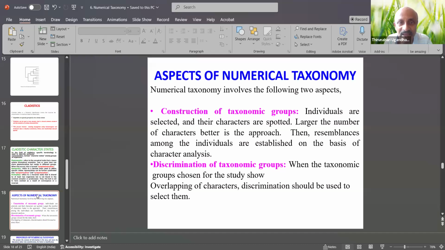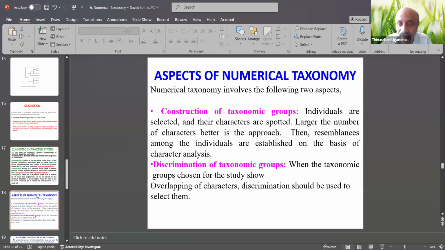Then aspects of numerical taxonomy. Numerical taxonomy involves the following two aspects. First one, construction of taxonomic groups. Second, discrimination of taxonomic groups. The construction means formation: individuals are selected and their characters are spotted. The larger the number of characters, the better is the approach.